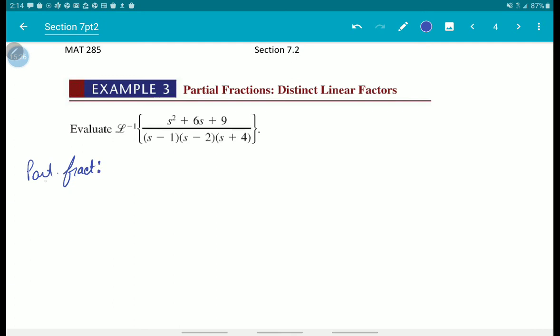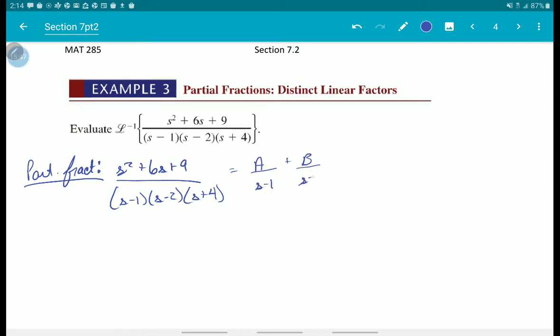So let's simplify what we're trying to take the inverse Laplace of. We're going to have A over s minus 1 plus B over s minus 2 plus C over s plus 4.